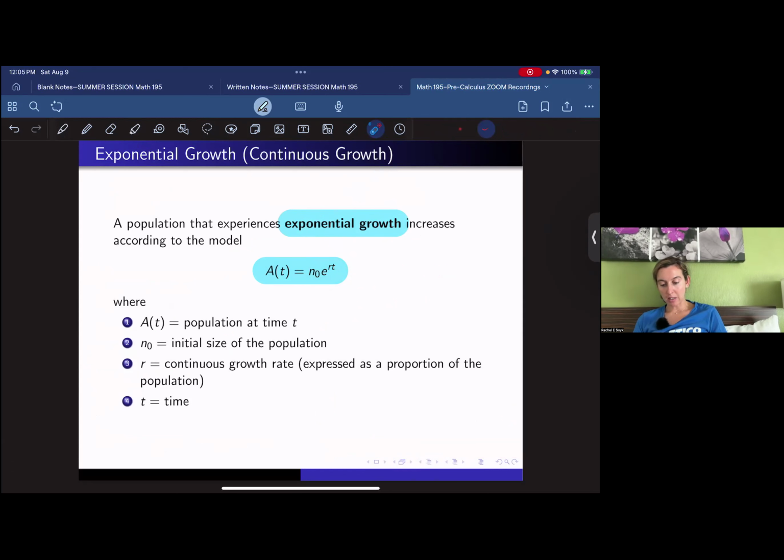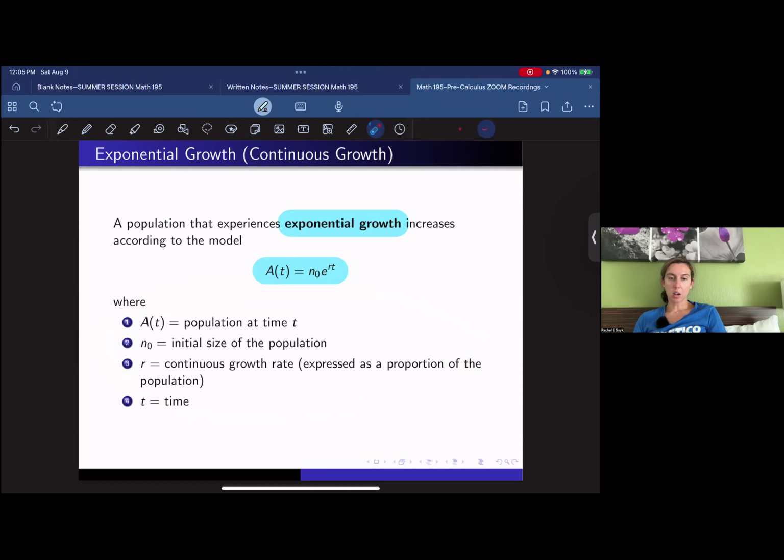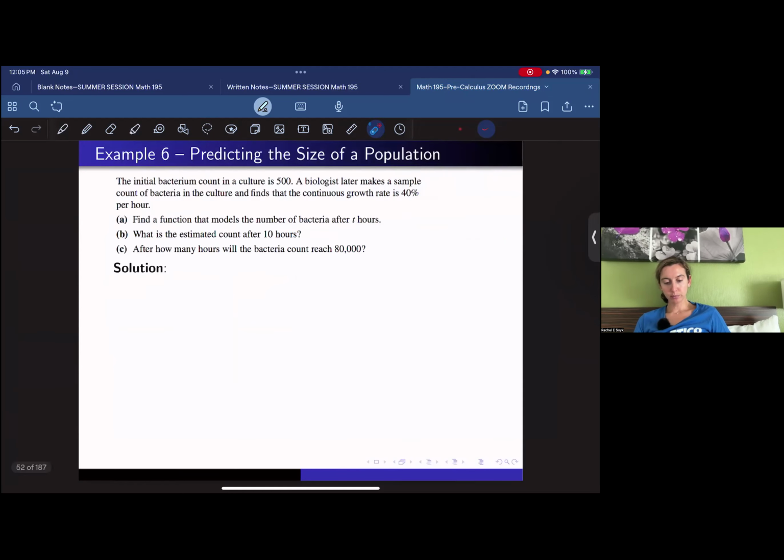And then once again, this is just the key of which of the variables stand for, whether it's the initial, the growth rate, the time, or the population. Let's jump into this example 6 using this exponential growth rate. So again, A of t is equal to n of 0 e to the rt.